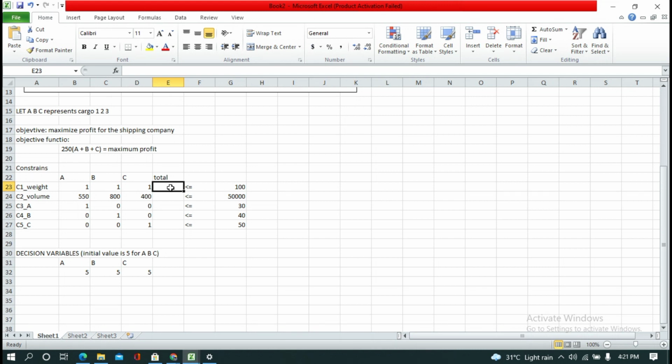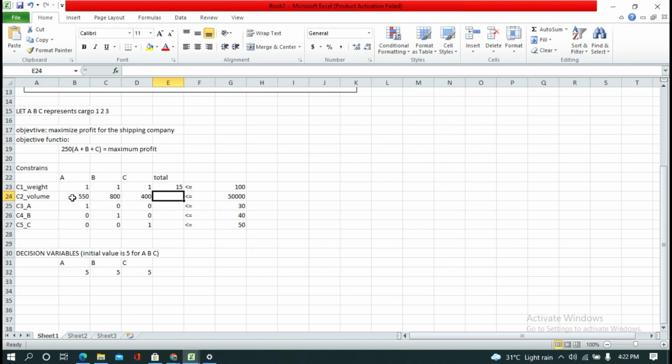So for constraint 1, its total value is equal to A times its initial value of 5, plus cargo 2 times its initial value of 5, plus cargo 3 times its initial value of 5, then equals.